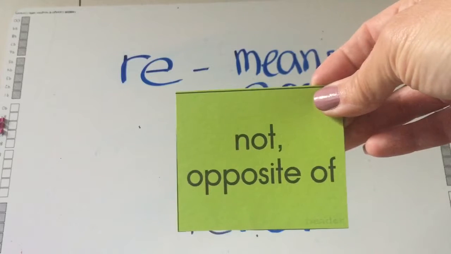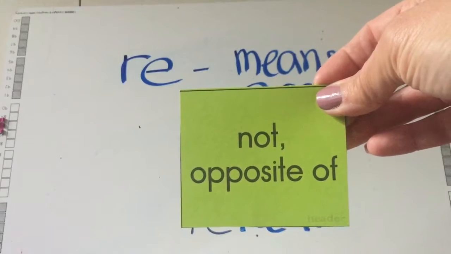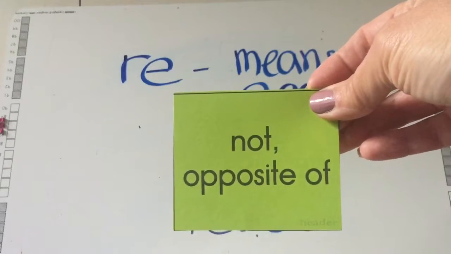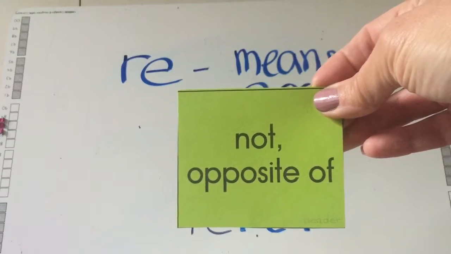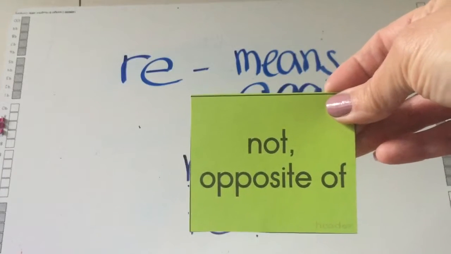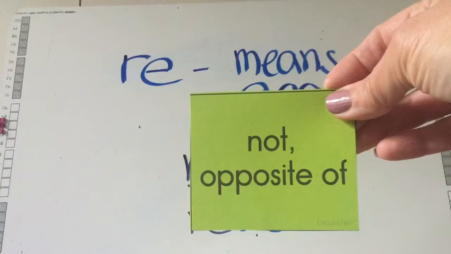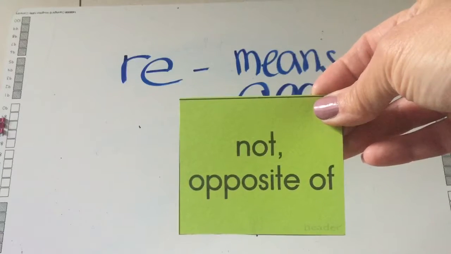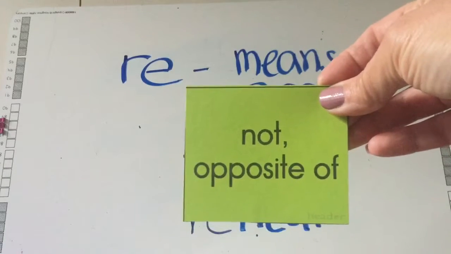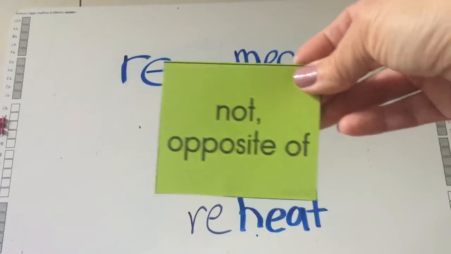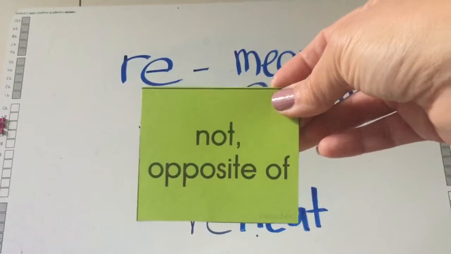Now, I've given you some of these header cards, and these header cards are the meanings, the definitions of the prefixes. So after you sort them out, you're going to try to figure out what the meaning of the prefix is, to see if you can determine the meaning of the prefix on your own.